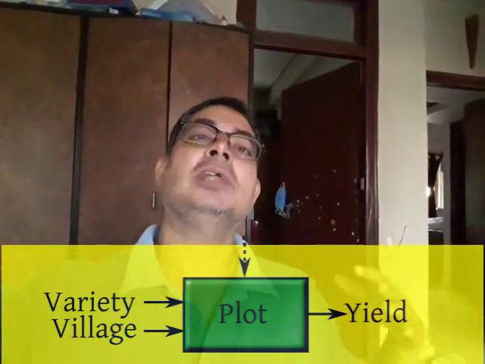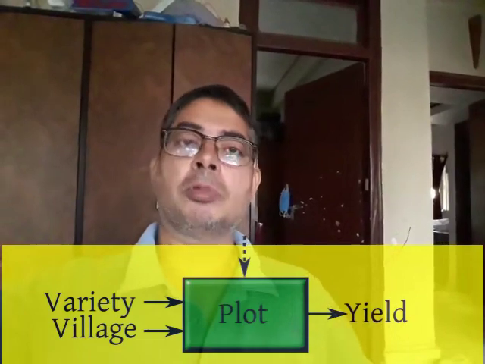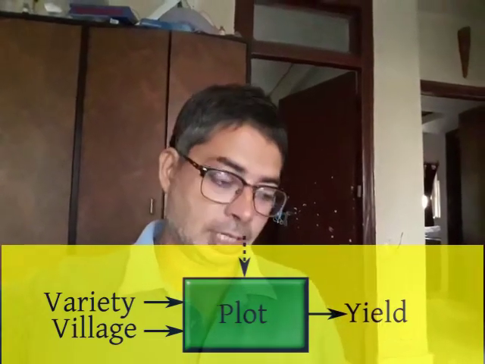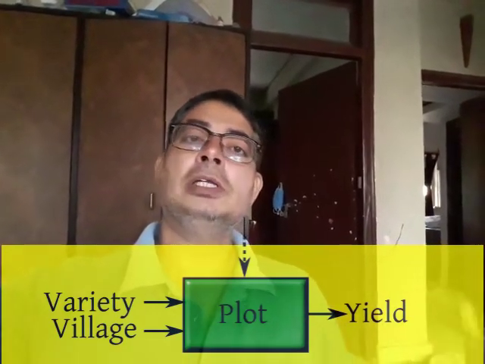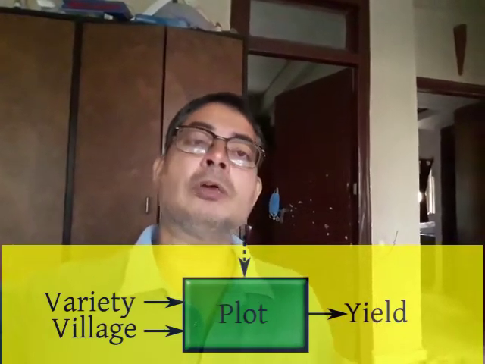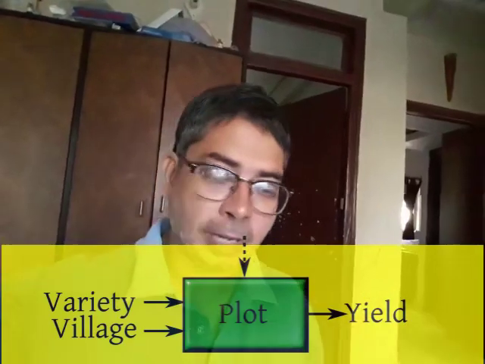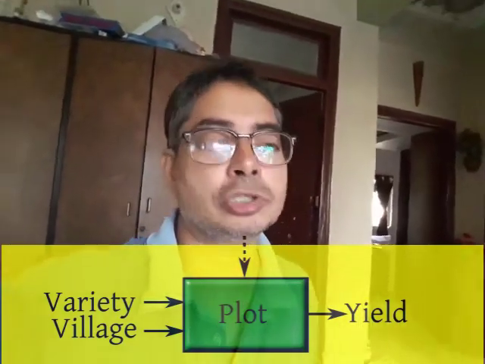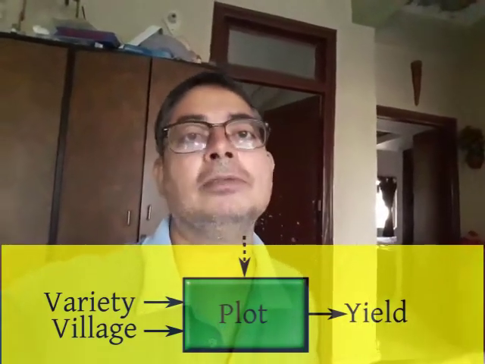So in each village we have got a number of plots under each of the 3 varieties, and then the total amount of yield is measured. Now in such a situation it is quite possible that the way the total yield is measured uses certain instruments which are specific to that village.